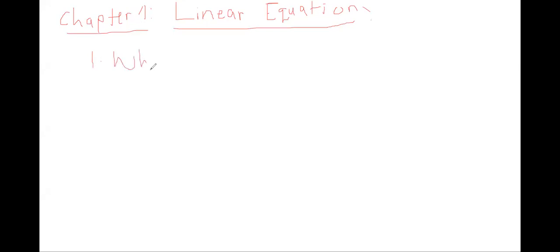So what is linear equation? This is not a definition. It is mathematics, so we try to see the format, how a linear equation looks like. It is important to be able to identify what kind of equation we are dealing with. Is it linear? Is it non-linear?